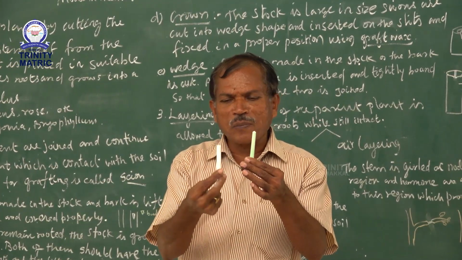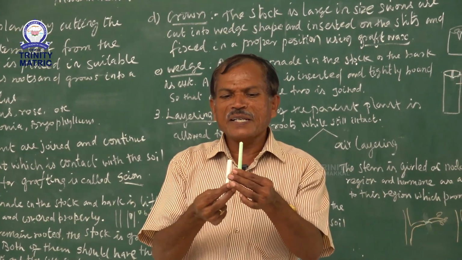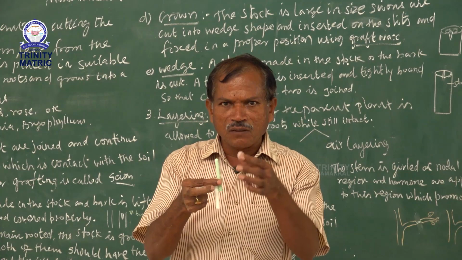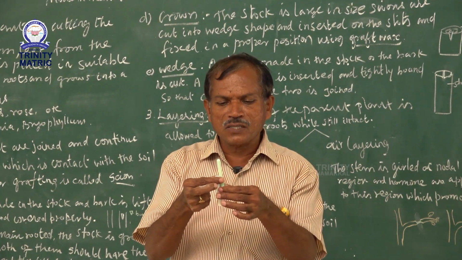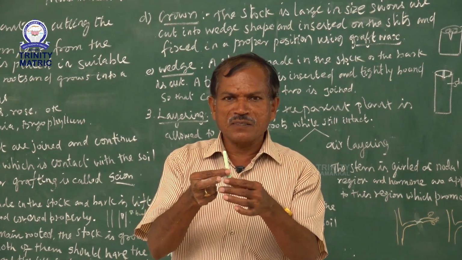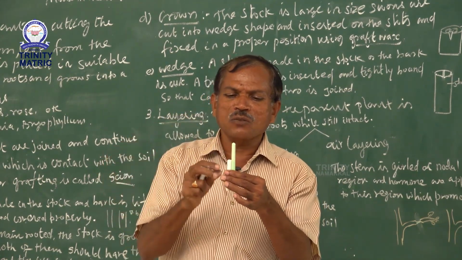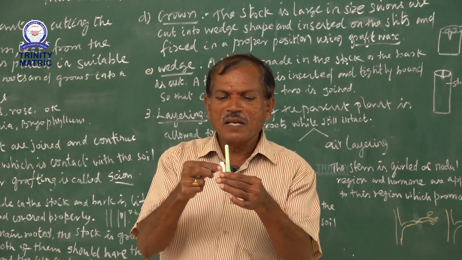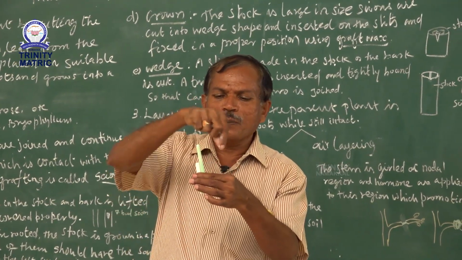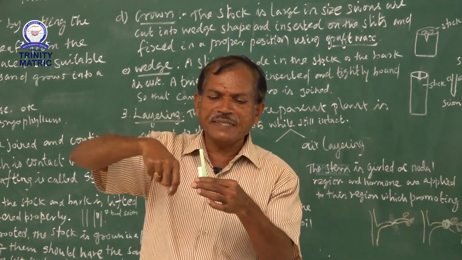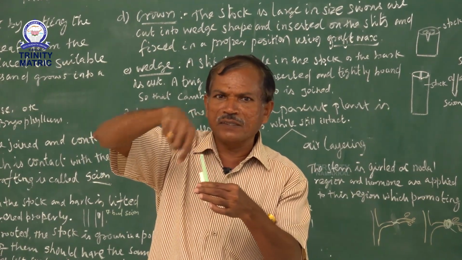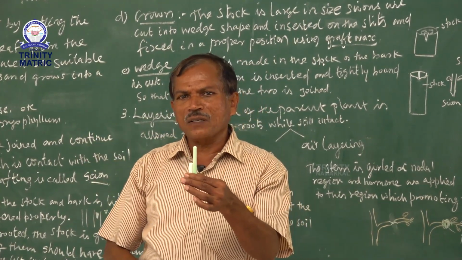So this rooted plant is called the stock, and the plant you graft or join to the stock is called the scion. That is the desirable plant. These two plants are given a small scrape, joined together, covered with a polythene cover or some mud, carefully tied to each other and left for one or two weeks.